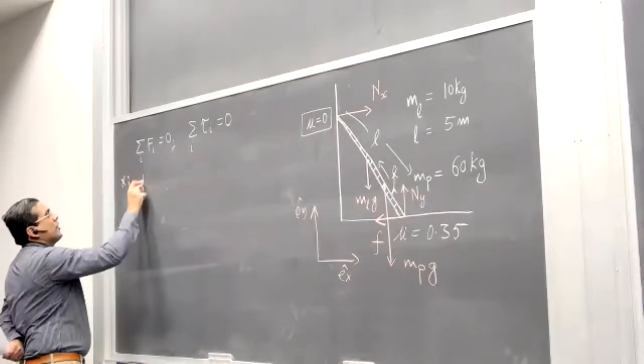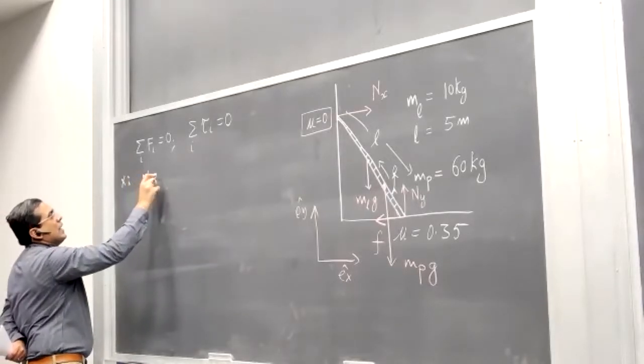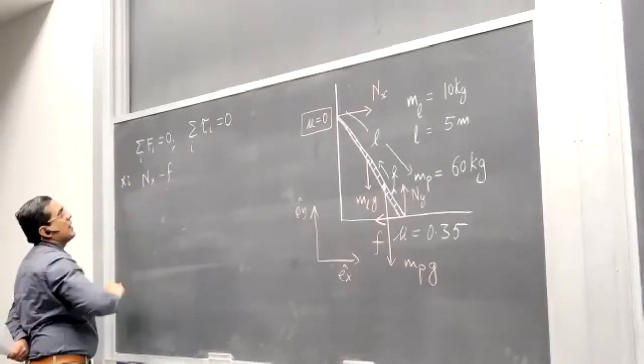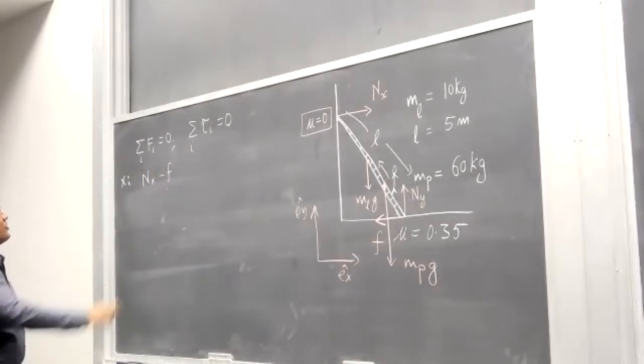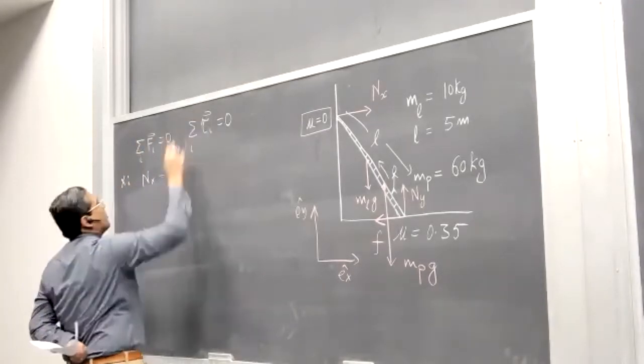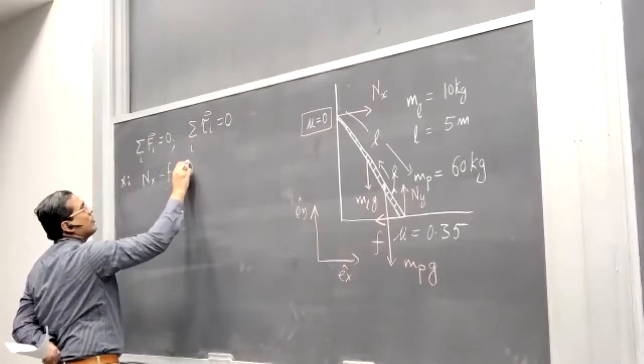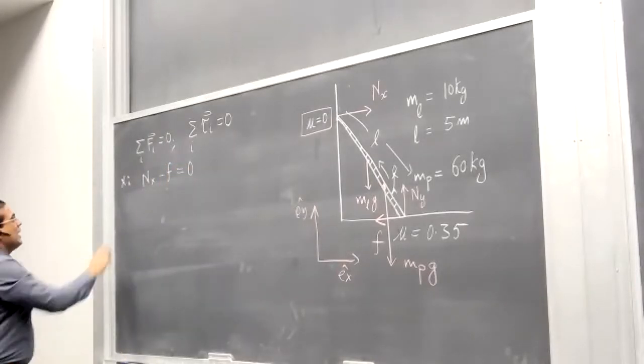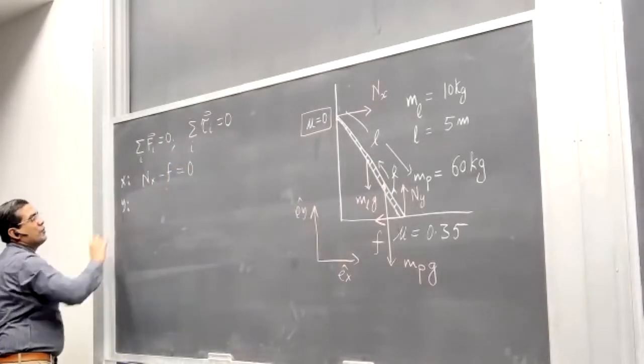NX would be positive, and F would be negative. Since it's a vector equation, all components should be 0. So this should be equal to 0 for the equilibrium. Now the equation in the y direction would be what?